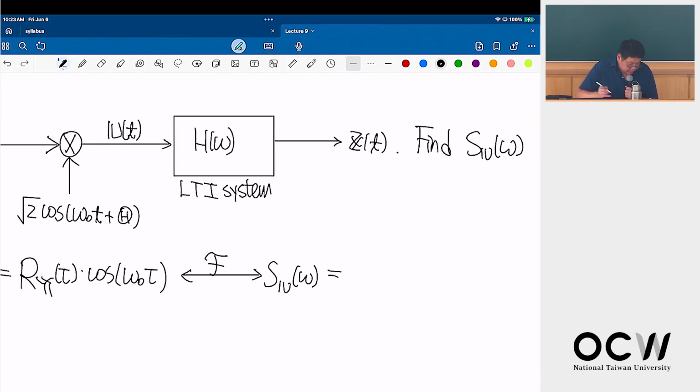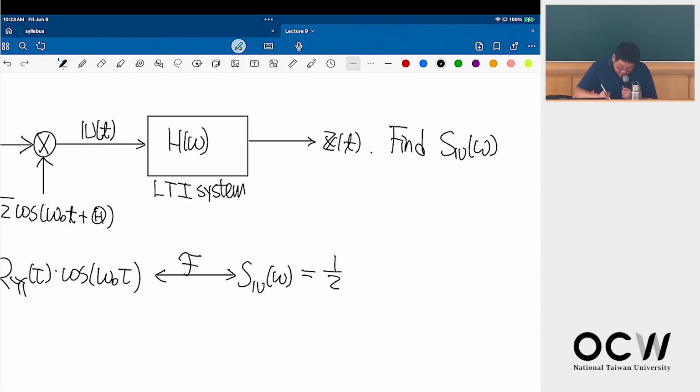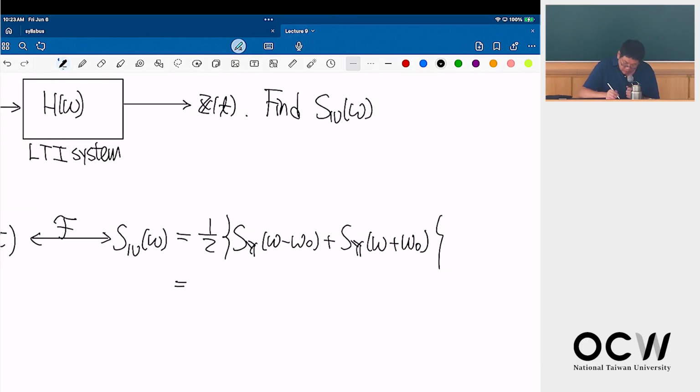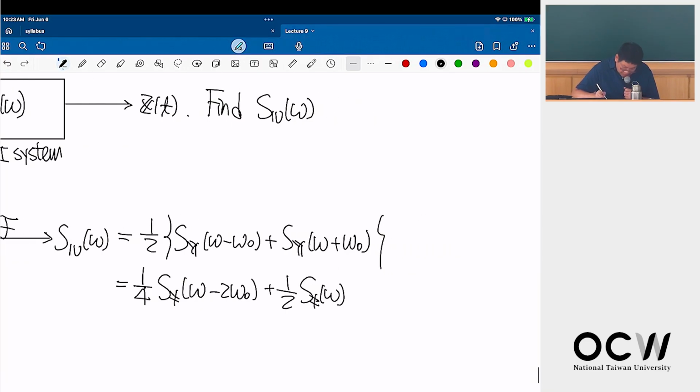So in this case, because I have a cosine, I shift to the right and shift to the left. Then get 1/4 at omega minus 2 omega naught and 1/2 at omega, and then shift to the left.